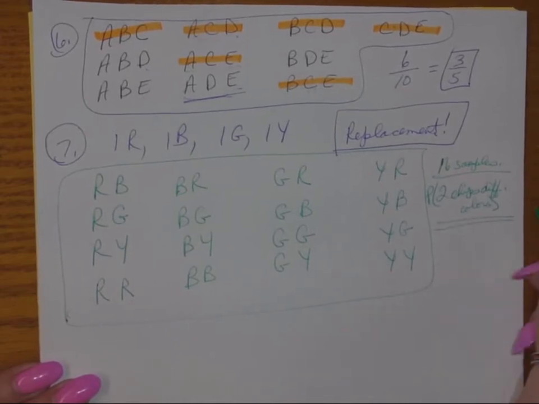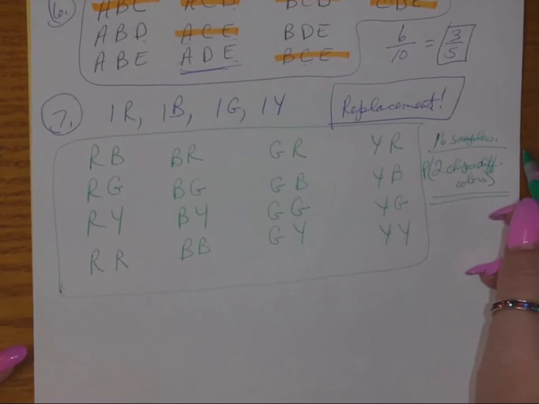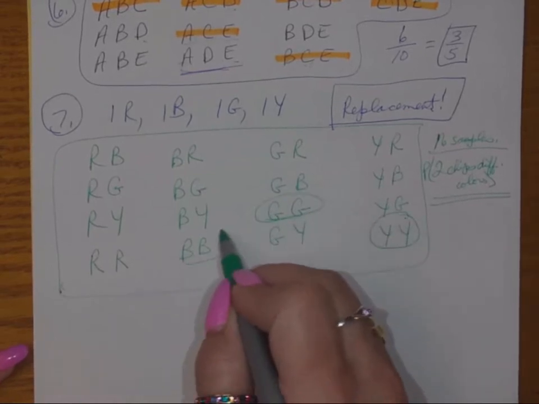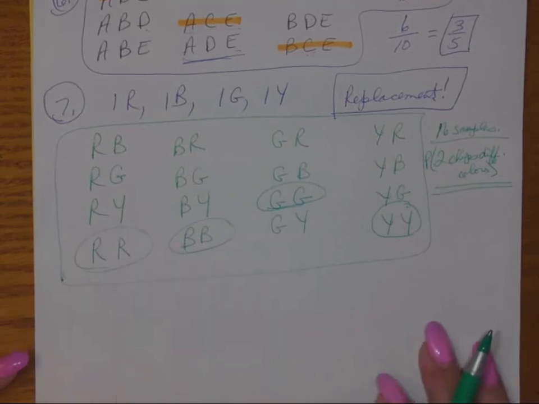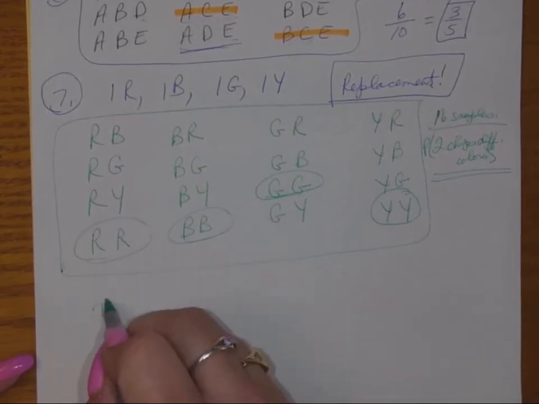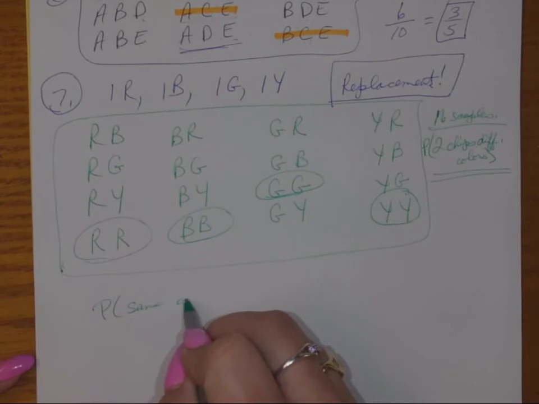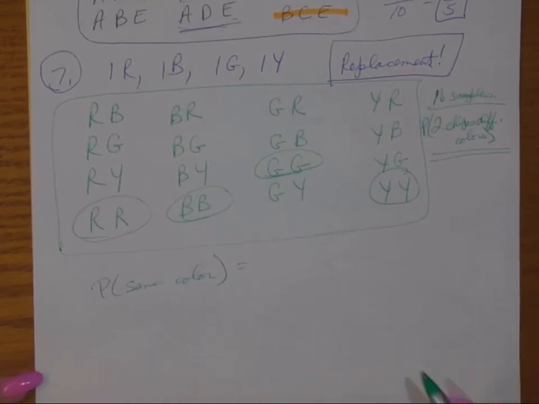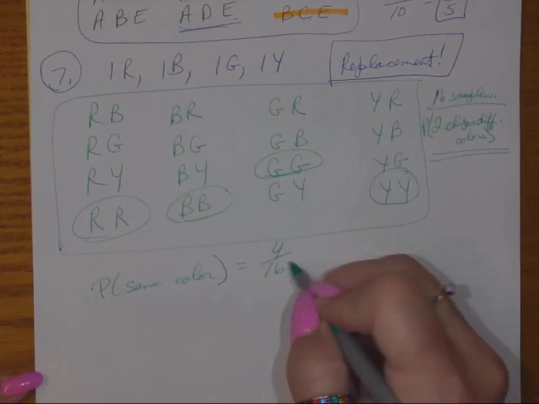Well, it might be easier in this case to figure out the probability that they're the same. Yellow-yellow, green-green, blue-blue, red-red. That happens 4 times, right? You didn't have to do it this way, but that's the way I see it. The probability that we have the same color is 4 out of 16.